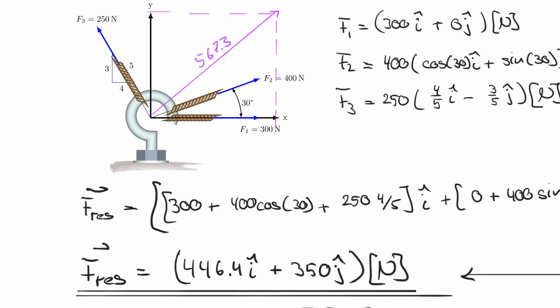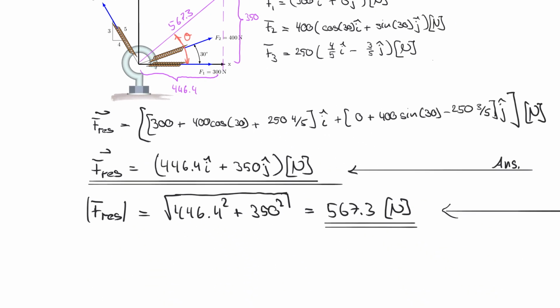And so x would be equal to, what did we calculate? 446.4, whereas the y component would be equal to 350. And just to be clear, what I'm trying to calculate now is this angle, let's call it theta.